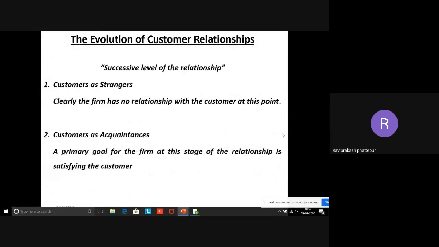Next is evolution. First will be customers as strangers, where the customers do not know who we are and what kind of service we are providing. Next is customers as acquaintances, where the primary goal in this stage is to keep the customer happy or satisfied.